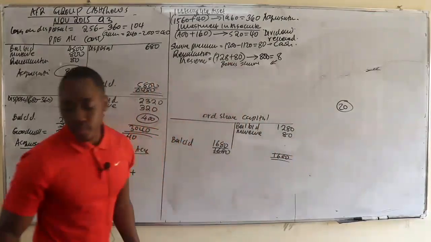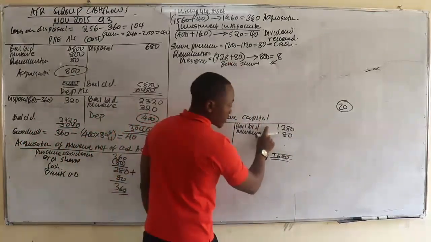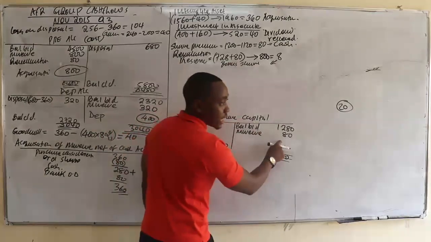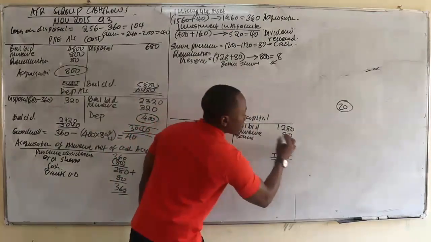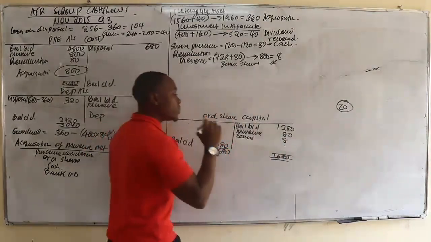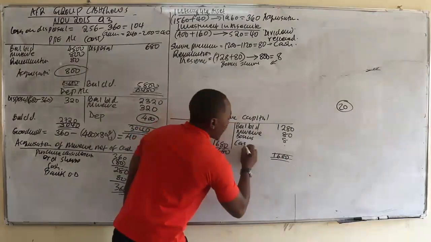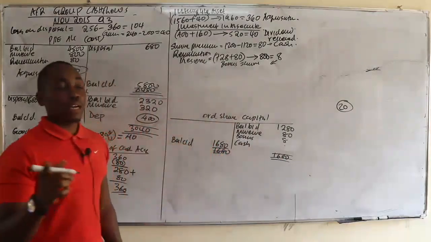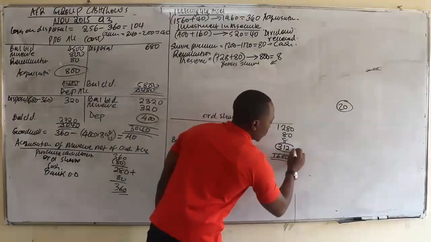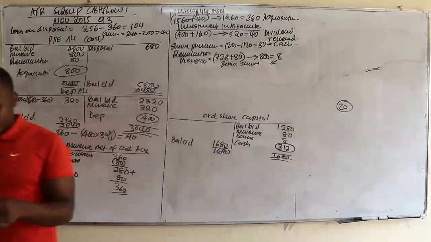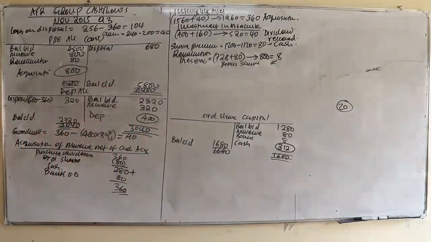So balance brought down, then plus 80, and then we gave out shares at a bonus. So now the question is, how much do you receive in cash? The actual cash. 320 minus 8 you get 312. Good. Let's continue.